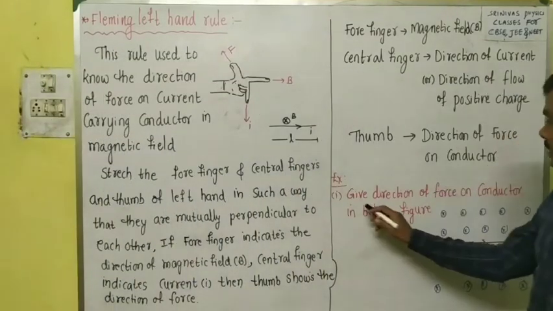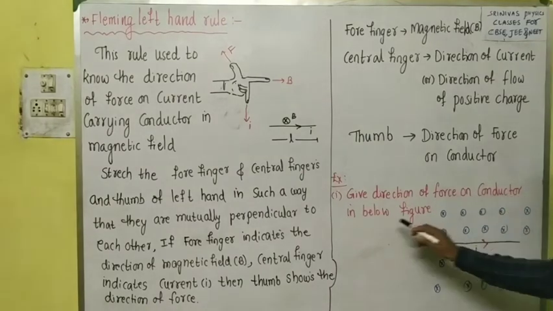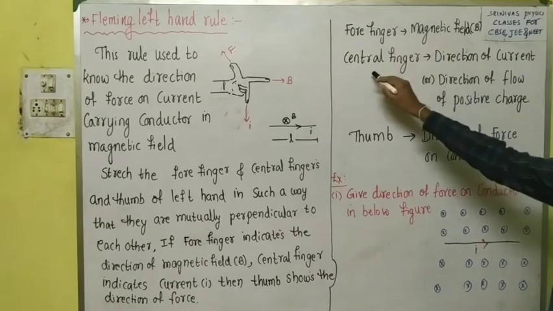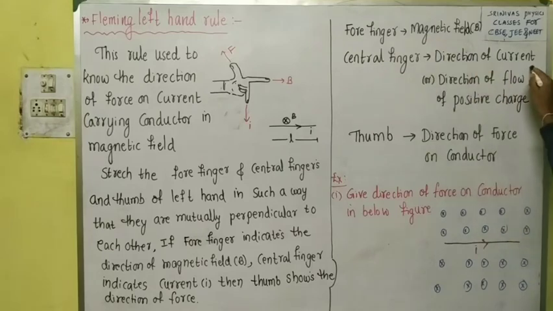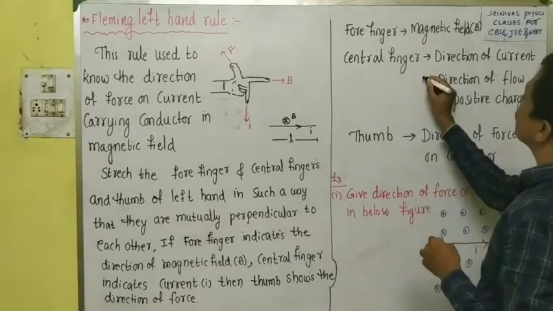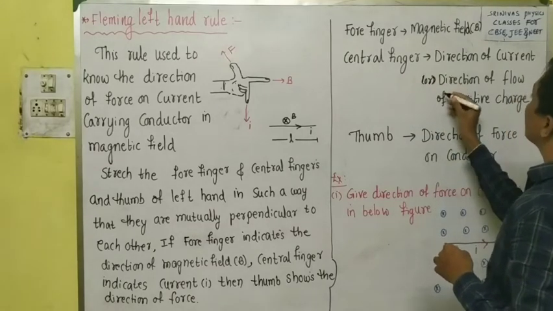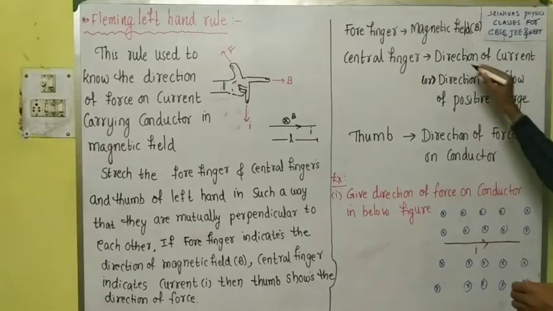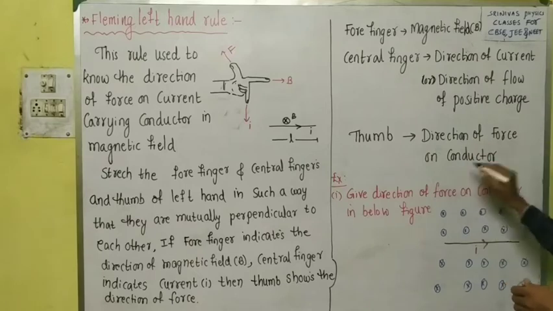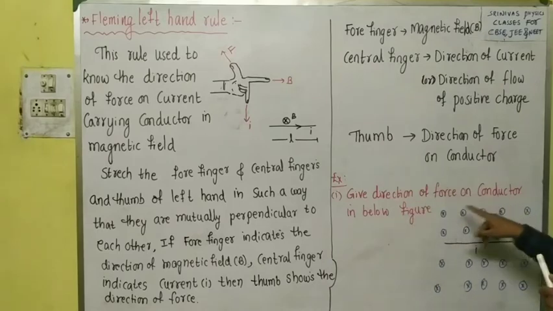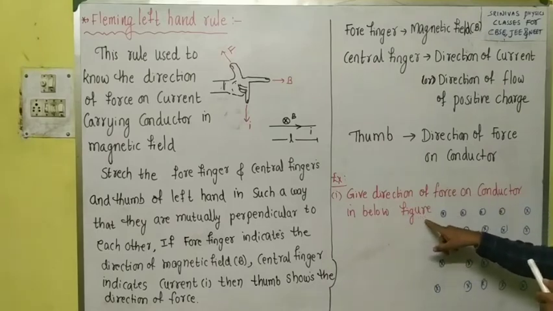Here I gave one example: give the direction of the force on the conductor in the figure below. Here I wrote: forefinger indicates the magnetic field, central finger indicates the direction of the current, I, the direction of the flow of positive charge, and the thumb indicates the direction of force on the conductor. Forefinger field, central finger current, thumb force.